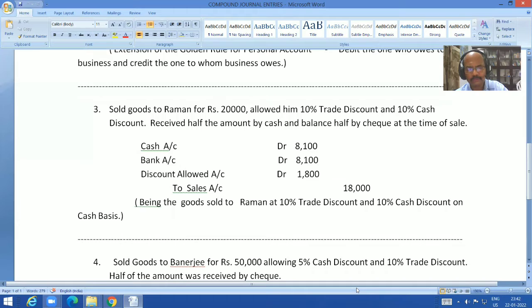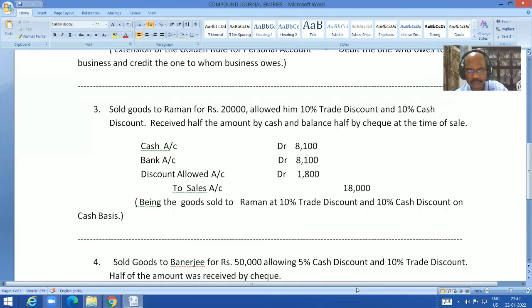Discount allowed is rather associated with sales, because when we affect sale only, we allow discount. And discount allowed is very much a nominal account. Is it not? Yes. So it's an expenditure also. So debit all expenses.